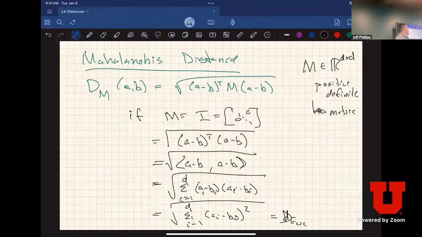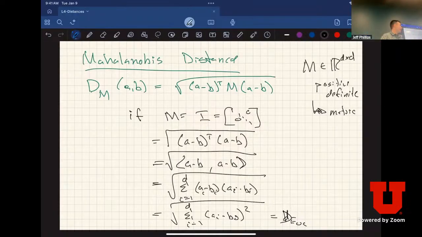So if I put the identity matrix in here, this is the Euclidean distance. If I put a different matrix in here with well-defined eigenvalues, what that's doing is stretching the space in some way.